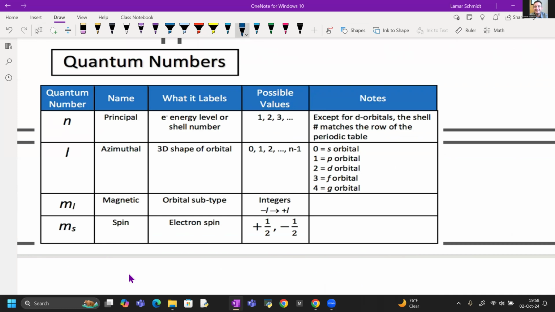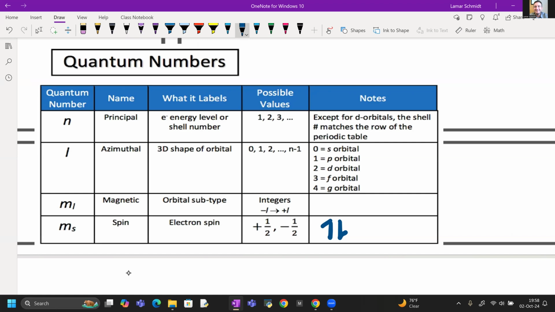We're interested in the positive spin being a half up arrow, or it can just be a full arrow, but generally represented with a half up arrow, and then the negative spin represented with a half down arrow. And what we see there, and we're going to see this with our Pauli exclusion principle, is that we can't have two electrons with the same four quantum numbers in an atom.